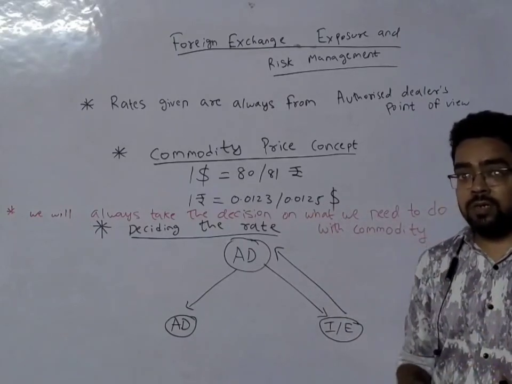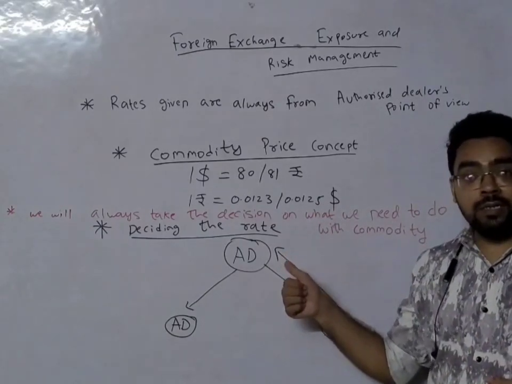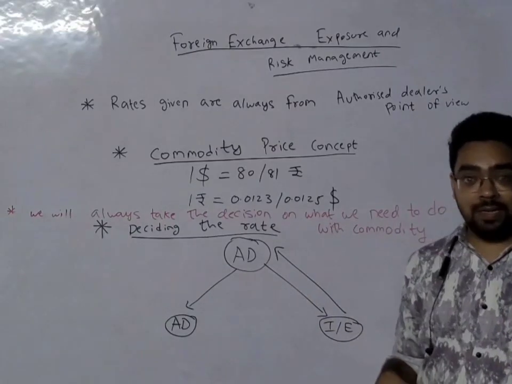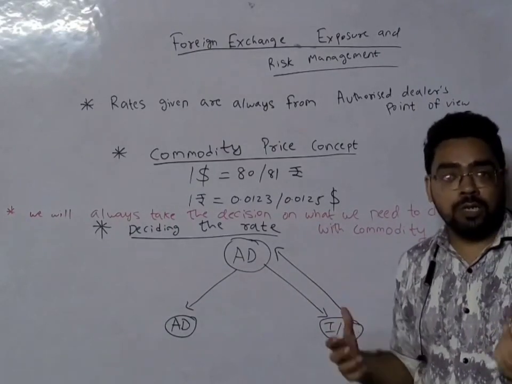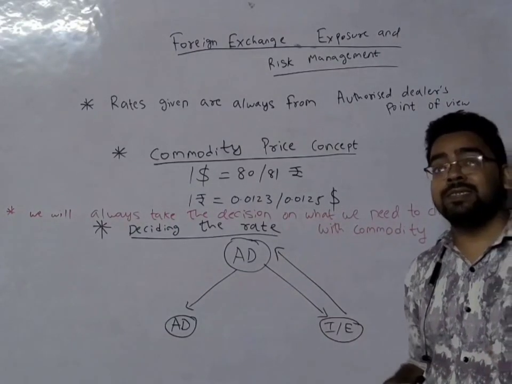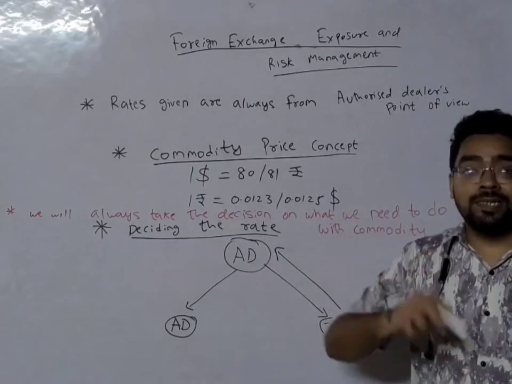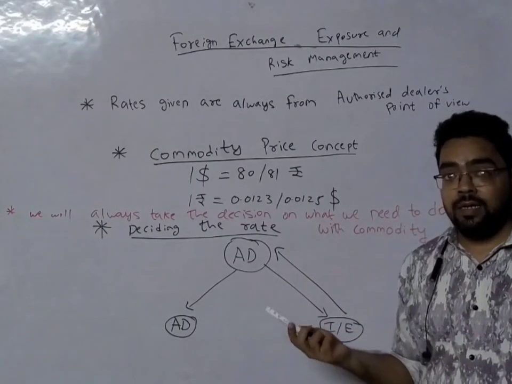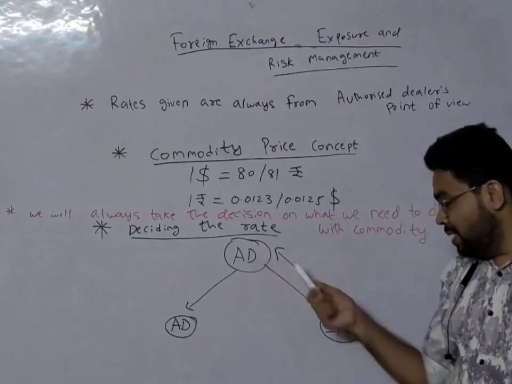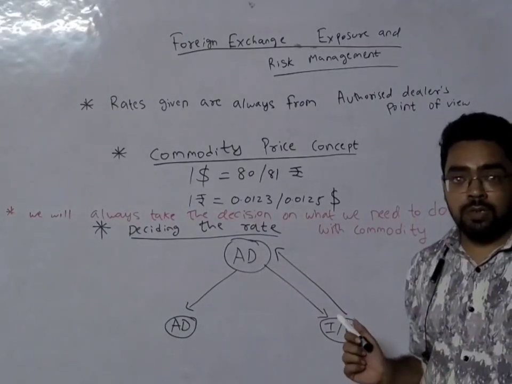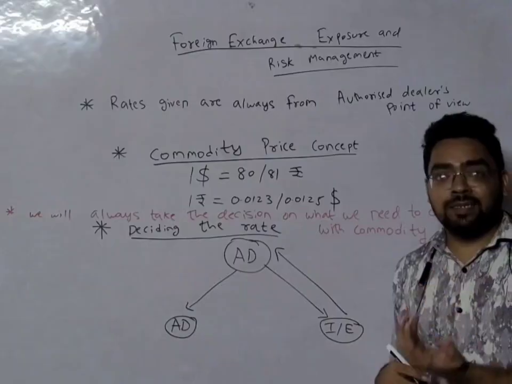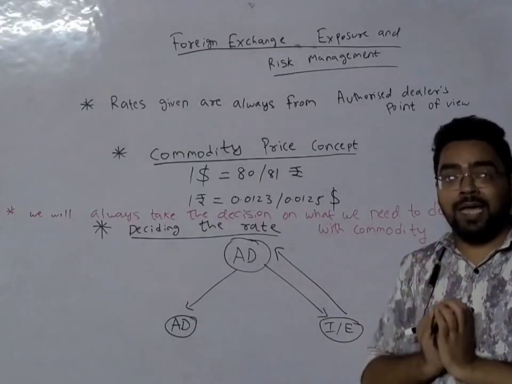What is the second scenario? The second scenario is the authorized dealer is selling to or buying from an importer or exporter. If the case is of an authorized dealer and importer or exporter, the authorized dealer will sell at the selling rate, and the authorized dealer will buy at the buying rate.